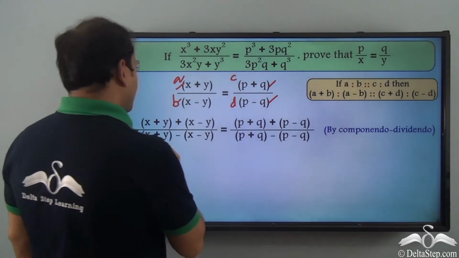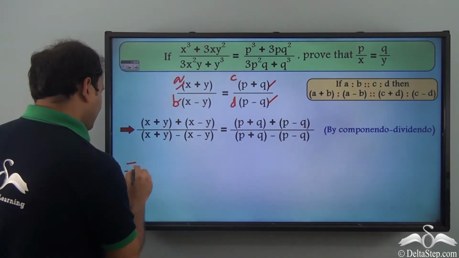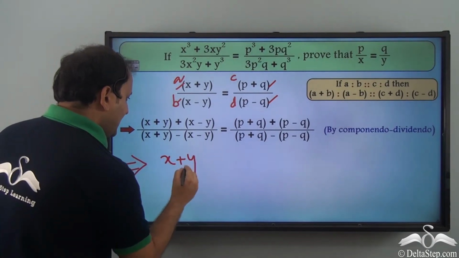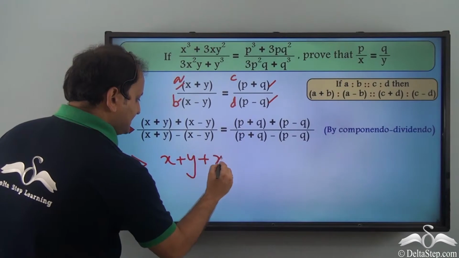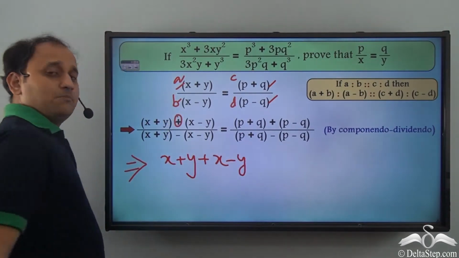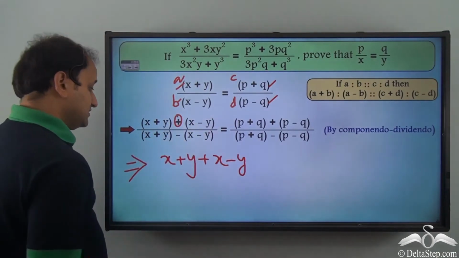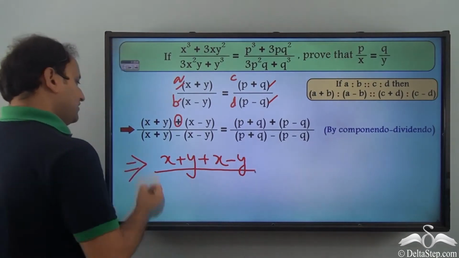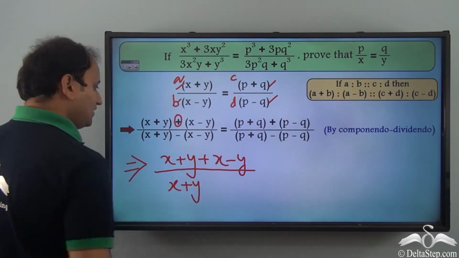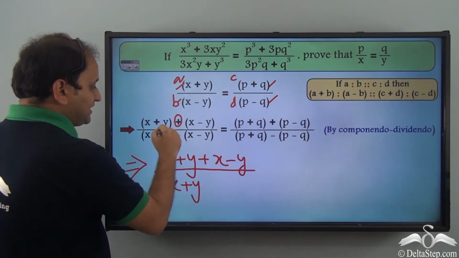Well, what we can do is we need to remove these brackets. So we can write this as x plus y plus x minus y. There was no problem because we have a plus symbol, so there is no change in symbols. By x plus y, we have a minus. So once we remove the brackets, we'll have to multiply the minus.